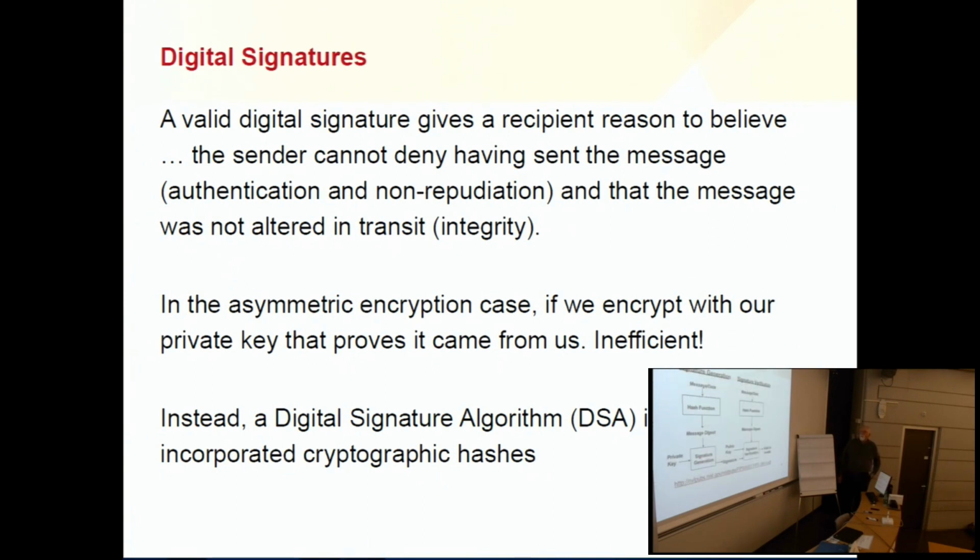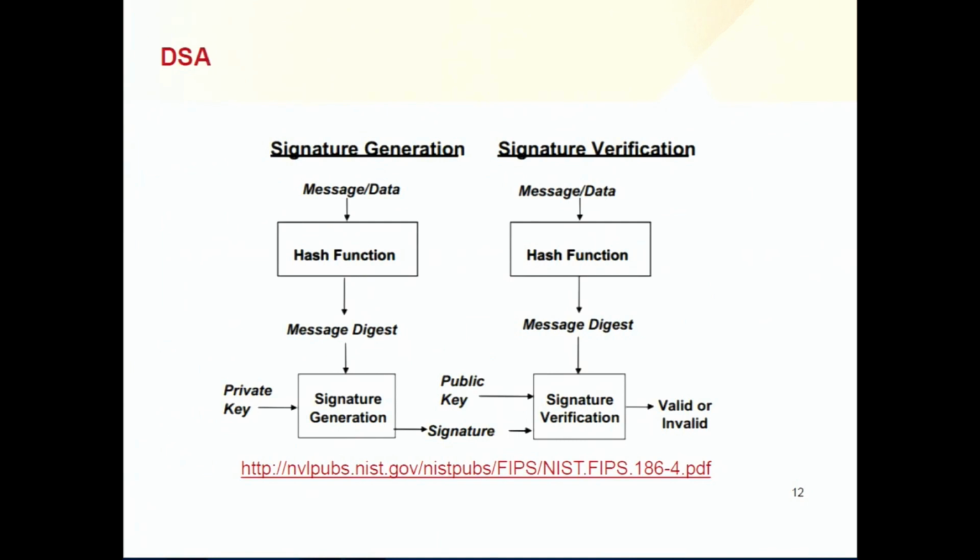The way it works is, we start over here with the message and the data, and we send it through a hash function. That gives us probably something like 32 bytes of random-looking characters. That creates this message digest. Then we encrypt that with my private key.